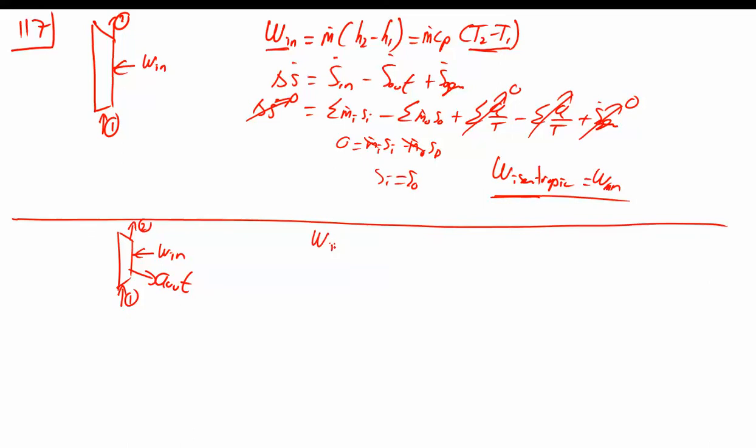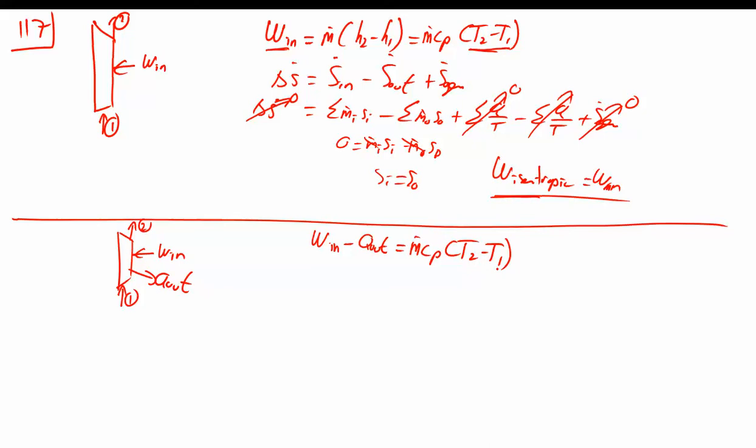I end up with work in minus Q out equals delta H, or m dot Cp (T2 minus T1), so I'll just leave it as m dot Cp delta T. Now it's no longer an isentropic process, because I'm carrying entropy out of the system, which results in this being a non-isentropic process.